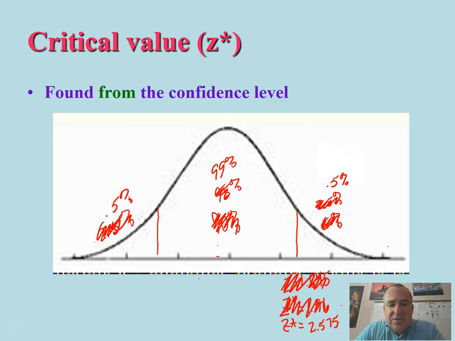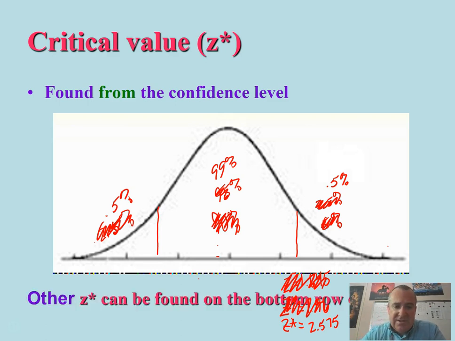Okay, so those are the three critical values that we use more than anything else in statistics, and they all come from those three confidence levels, 90%, 95%, 99%. There are other z critical values that we can use, and you're going to find those when we start looking at the bottom row of table C in your textbook, and we'll show you how to find those tomorrow.